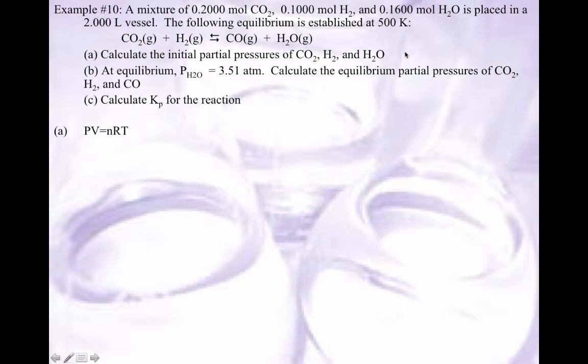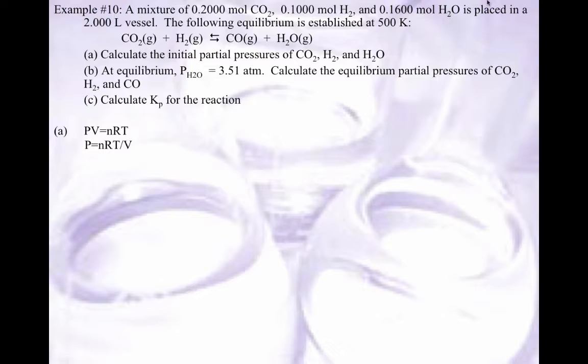We could use the ideal gas law for each one. So we'll do PV equals nRT for CO2, PV equals nRT for H2, PV equals nRT for H2O. So if I rearrange this equation to solve for just pressure, I get nRT over V. So we're going to do this for each gas. We'll do the first one together, and then I'm going to have you do the other two.